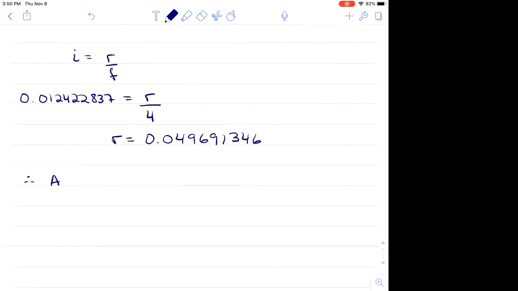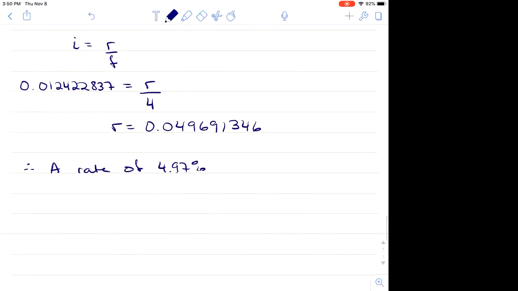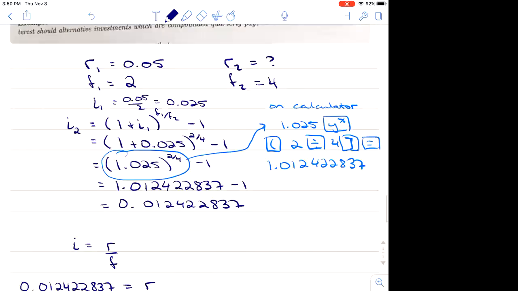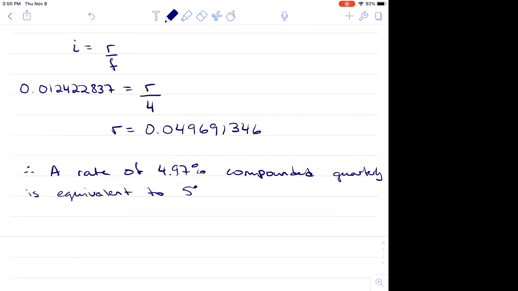So therefore, a rate of 4.97%, let's say, compounded quarterly is equivalent to, what were we dealing with here? 5% compounded semi-annually.